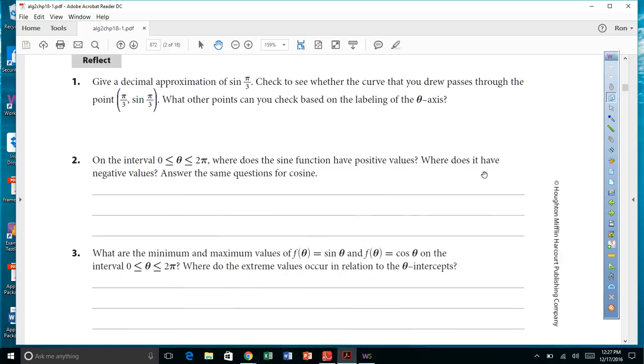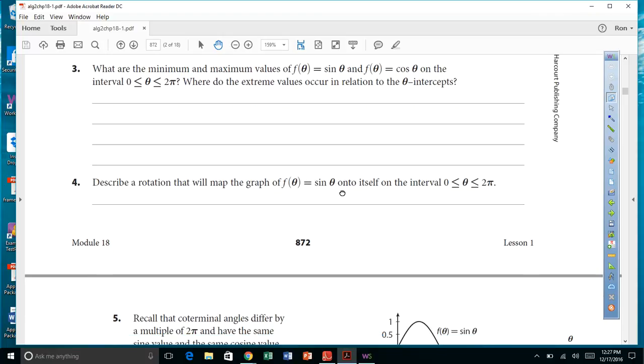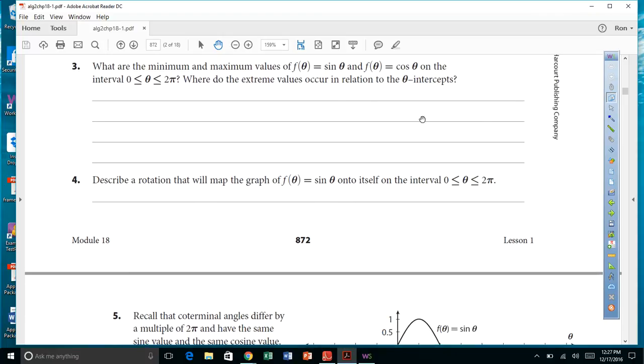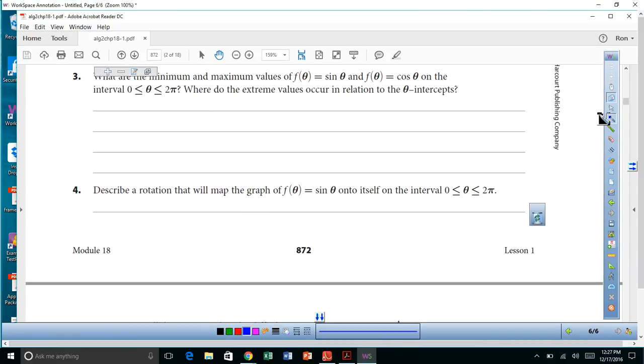Number 3. What are the minimum and maximum values of f of theta equals sine theta and f of theta equals cosine theta on the interval from 0 is less than or equal to theta is less than or equal to 2 pi? Where do the extreme values occur in relation to the theta intercepts? Okay, let's see.